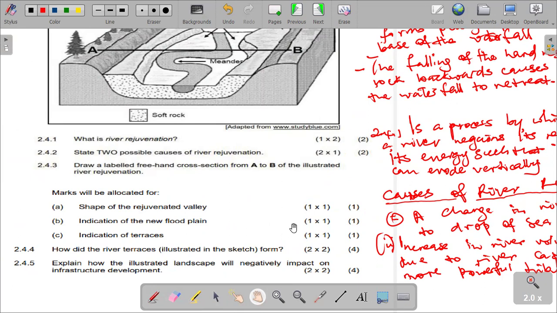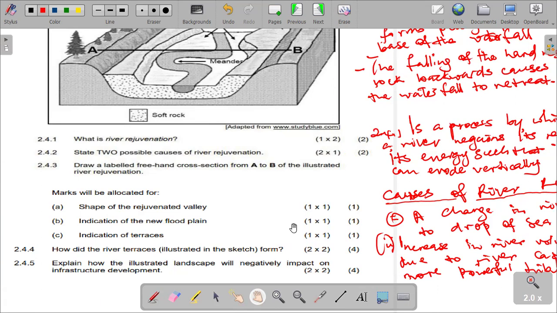Marks will be allocated for the shape of the rejuvenated valley, indication of the new floodplain, and indication of the river terraces. We want to draw the cross-sectional view of the rejuvenated river channel.